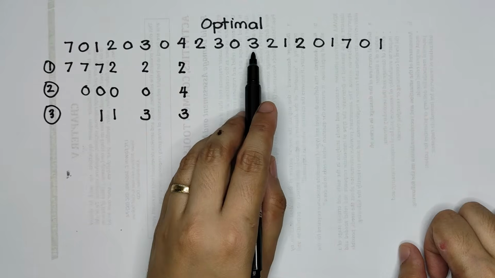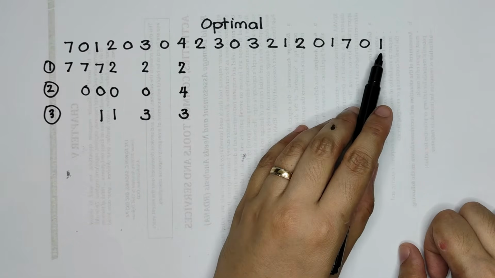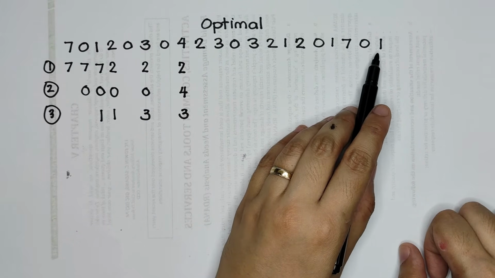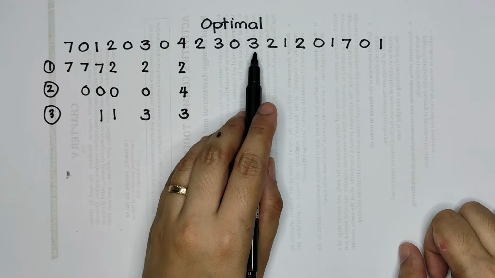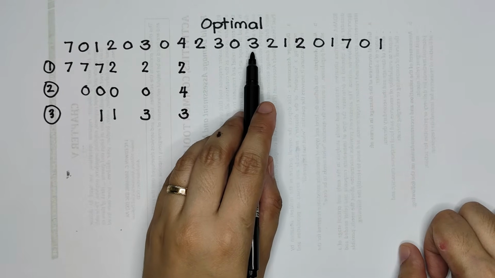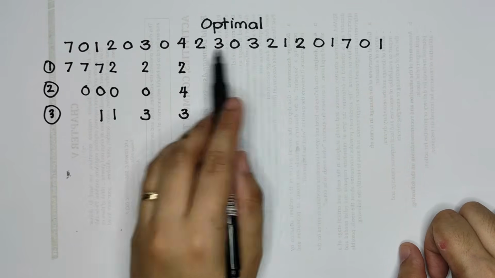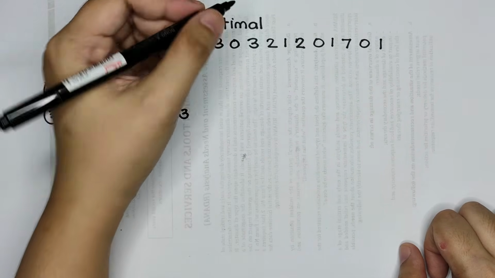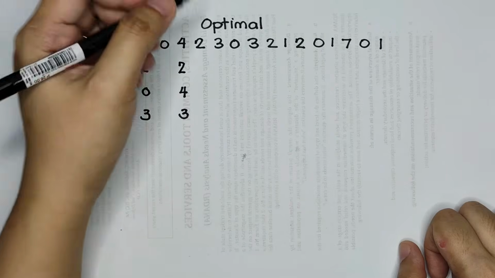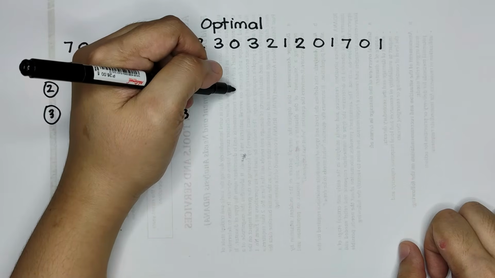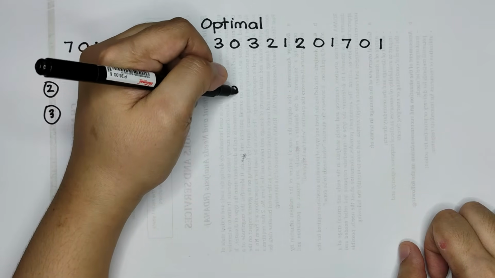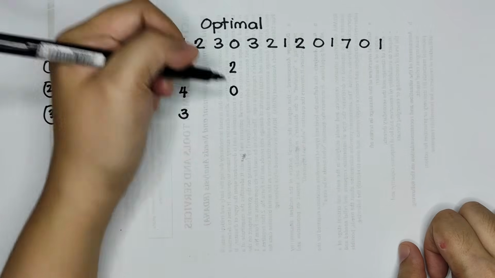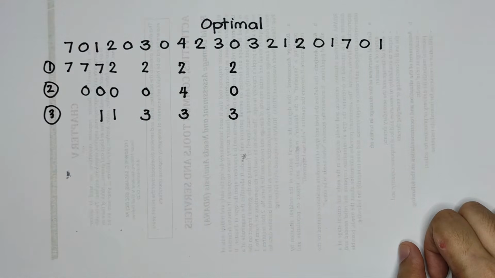Actually, if you can see, 4 will not be used anymore, will not be referenced. And then 3 will be right after 0. So since 4 will not be used anymore, you can replace 4 with 0. Okay, and then just copy 2 and 3.